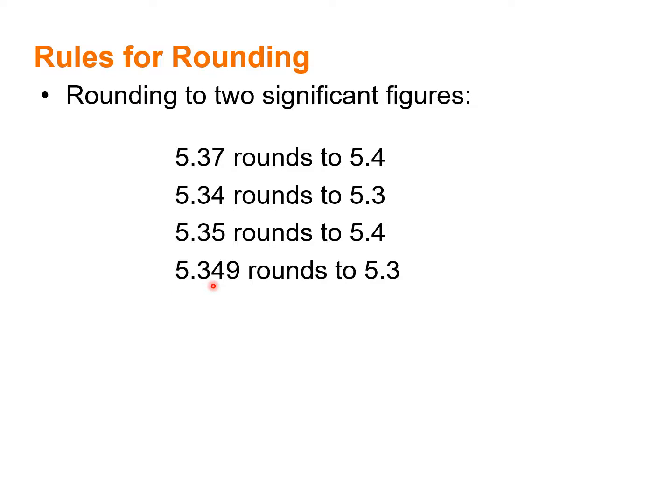Now here we've got an extra number down here. Let's say we have 2 significant figures, and this is what your calculator spat out. You might think to yourself, oh, maybe I should round this up, so then this becomes 5.35, and then when I round that up, it becomes 5.4. But that's not what you do. You don't look at this number at all. All you do is look at the very last digit, so it only goes to 5.3.